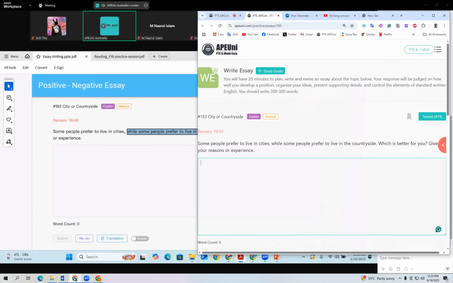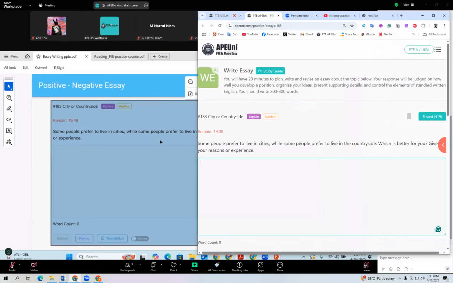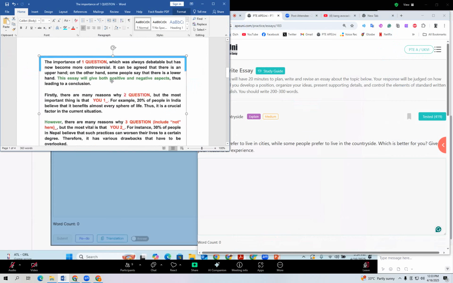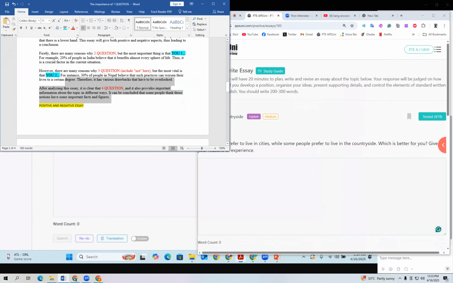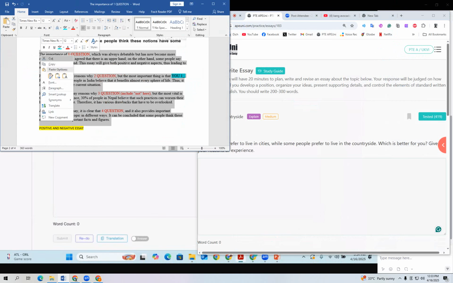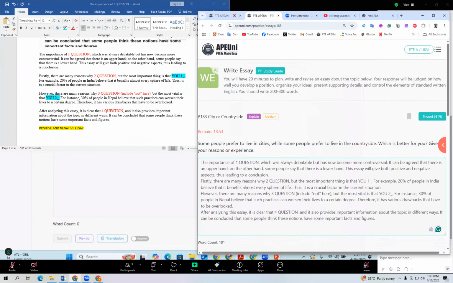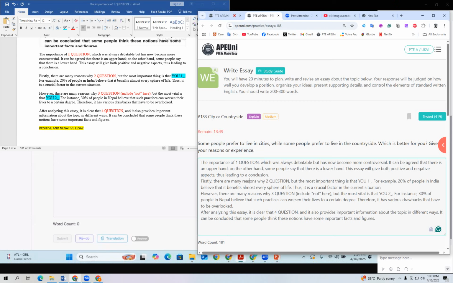But here it says that while some people prefer to live in the countryside, it's already the opposite, city and countryside. So you can write that there are many reasons why some people prefer to live in the countryside and give some reasons. That's it. And the second one, the third one.